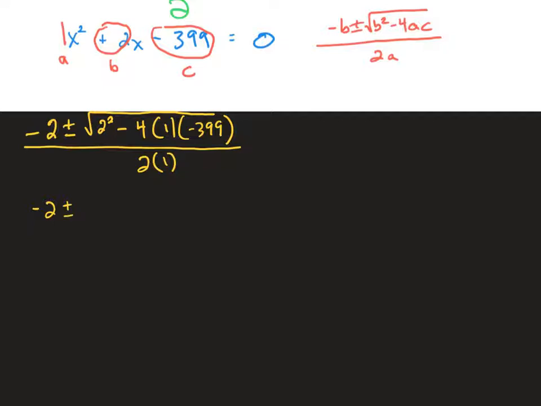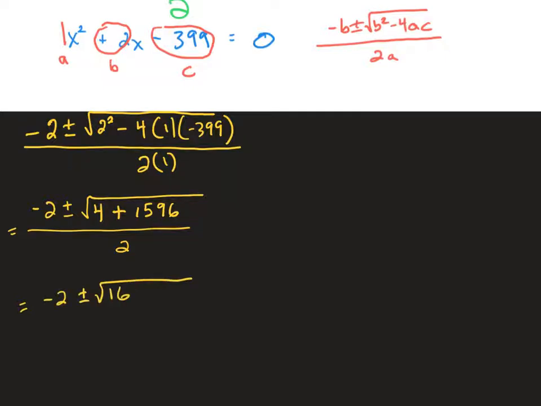Negative 2 plus or minus square root of 4 plus, let's see, 4 times 399, 1596, all over 2. Square root of 1600 is 40 over 2.